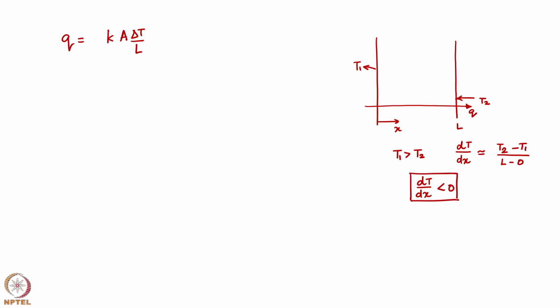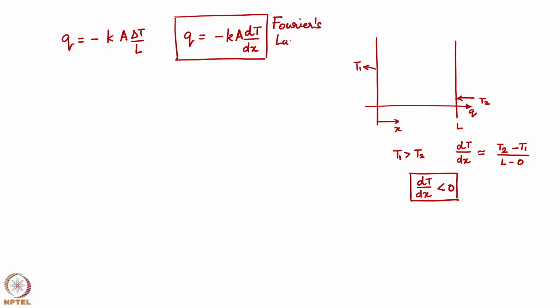Therefore, to make Q positive, we introduce a negative sign. Because dT by dx is less than 0, Q would be written as minus KA dT by dx, and this represents what we call Fourier's law of heat conduction.